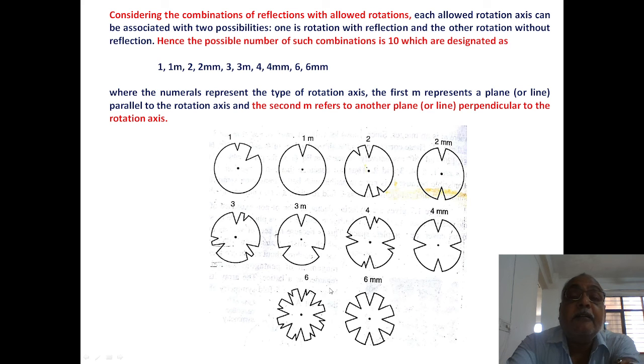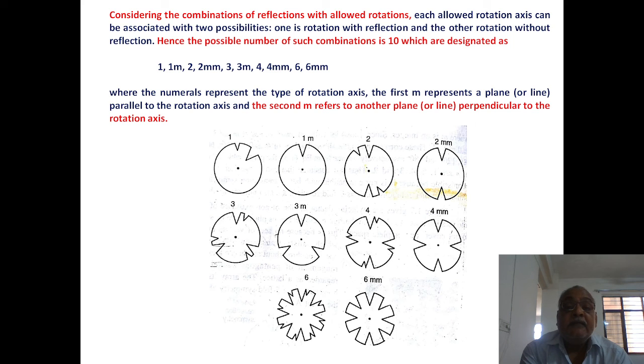Considering the combination of reflection with allowed rotation, each allowed rotation axis can be associated with two possibilities: one rotation with reflection and other rotation without reflection. मतलब रोटेशन दो तरह से हो सकता है, रोटेशन के साथ रिफ्लेक्शन भी हो या सिर्फ रोटेशन और रिफ्लेक्शन नहीं है.